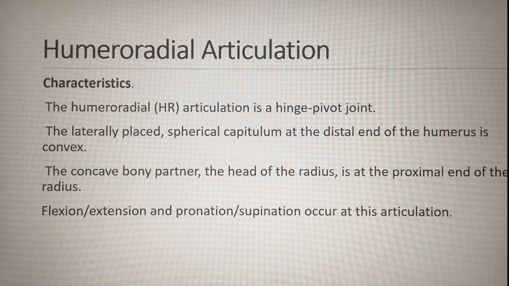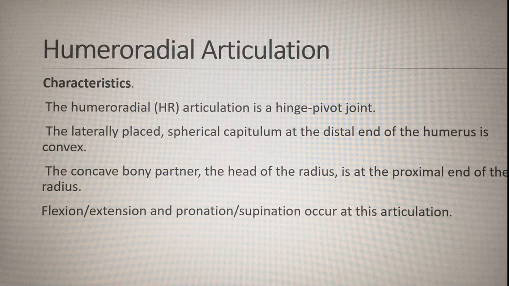In the start of the lecture, we discussed two articulations. One is humero-ulnar and the other is humero-radial articulation. Now let's describe the characteristics of the humero-ulnar articulation.